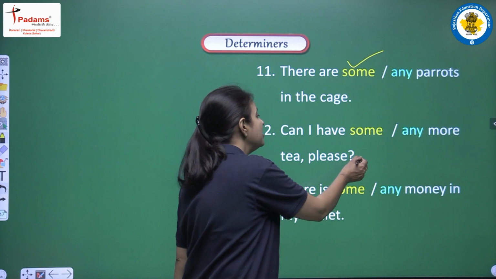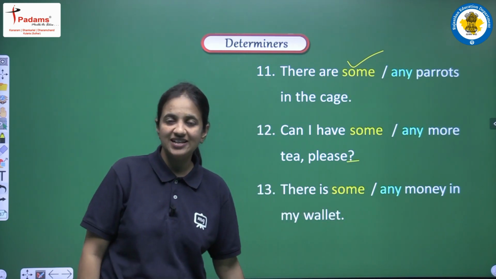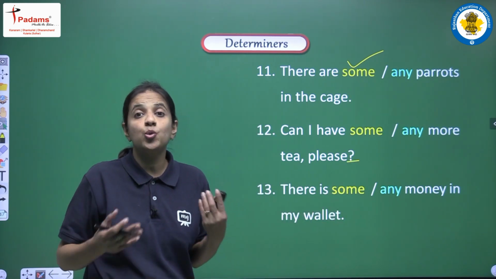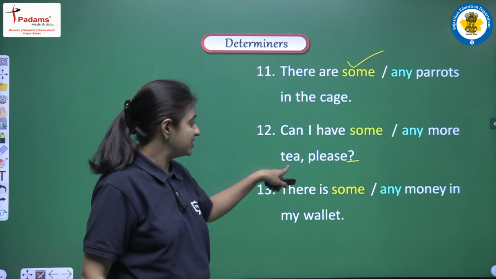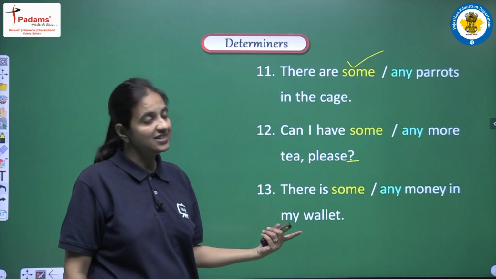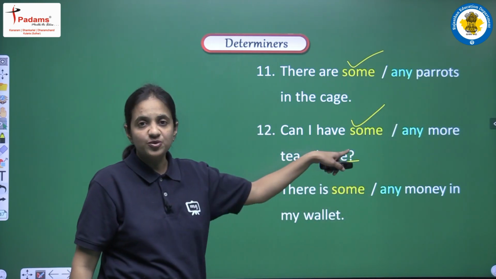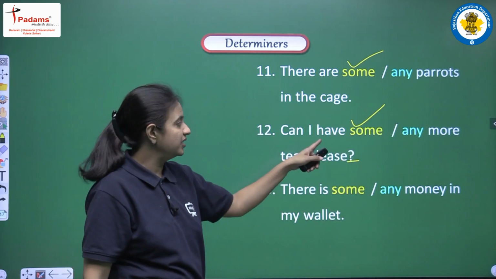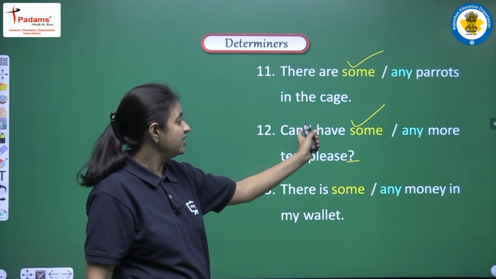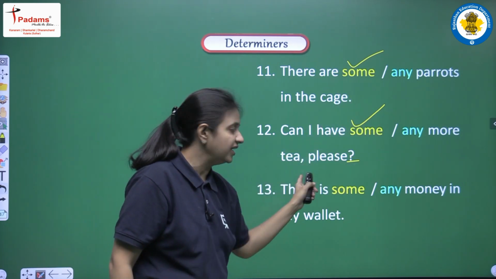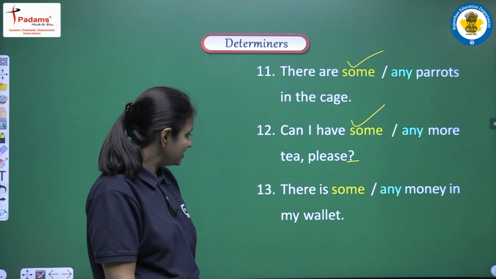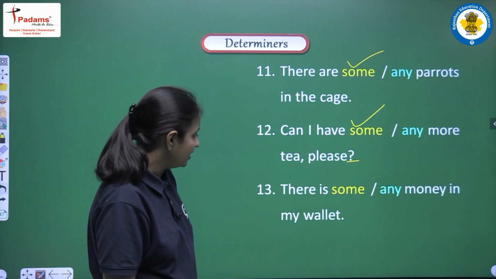Yes, we have a question mark at the end of the sentence, but we are requesting something, we are requesting more tea, so we will choose some, and the proper sentence will be can I have some more tea please. Next is there is money in my wallet.